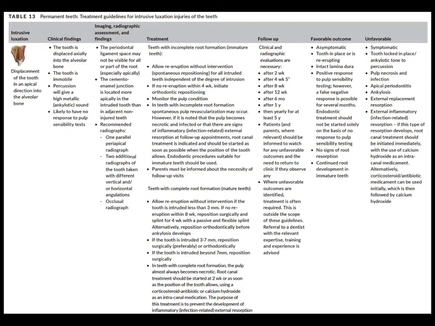As the intrusion level is beyond 7 millimeters, definitely you have to do it surgically. The same about favorable and unfavorable outcome. External root resorption is an event that we don't have a direct intervention for. The only intervention available to us is just to remove the pulp tissue and put root canal material.